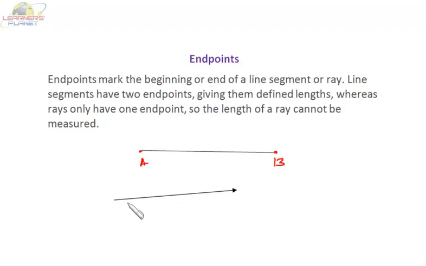But a ray has only one endpoint. Suppose it is P. As it is going endlessly in the other direction, it has just one endpoint. And a line, this one, has no endpoint since it is going endlessly in both directions.